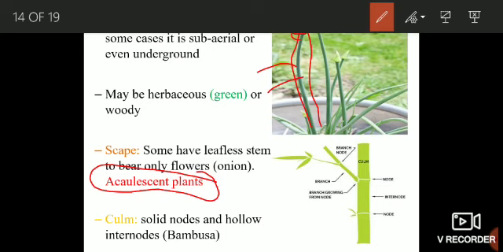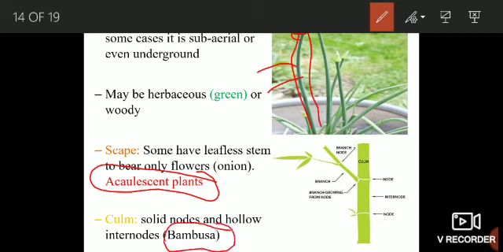Scapes are those stems which are completely devoid of leaves, and these stems function as the bearers of flowers at their tips. And those plants which have scapes are known as acaulescent plants. And one more important term that you will remember about stems is in some plants, for example, you have Bambusa, which you call bamboo.